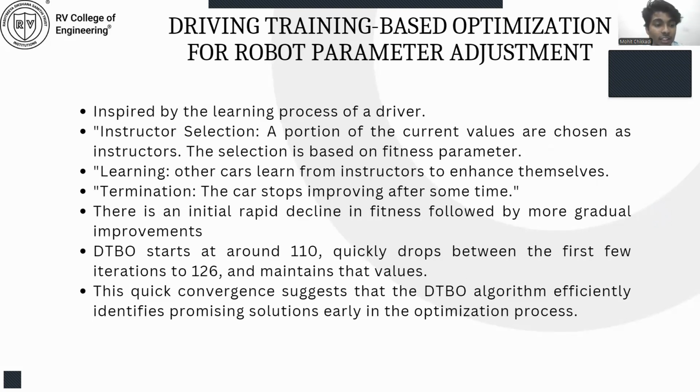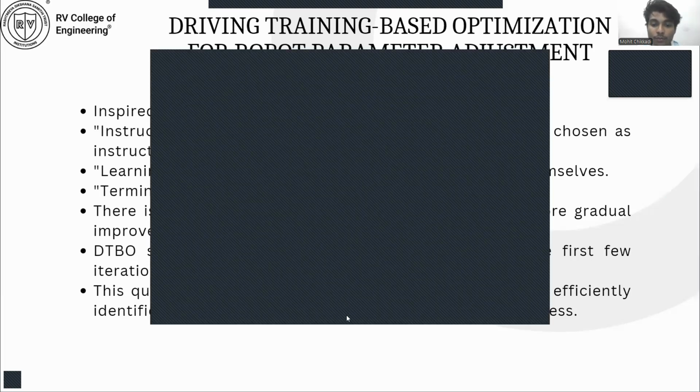Then we refine it, so over time, better solutions emerge as the algorithm learns what works. And then we have exploration and exploitation, which is the balance between trying new solutions and improving the known ones.